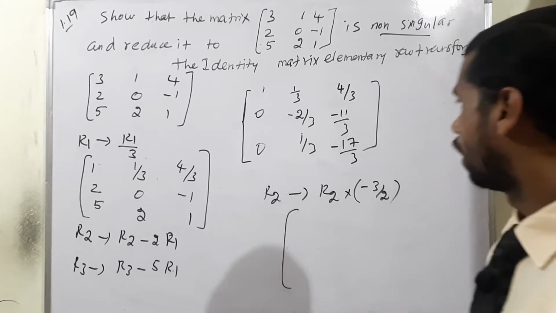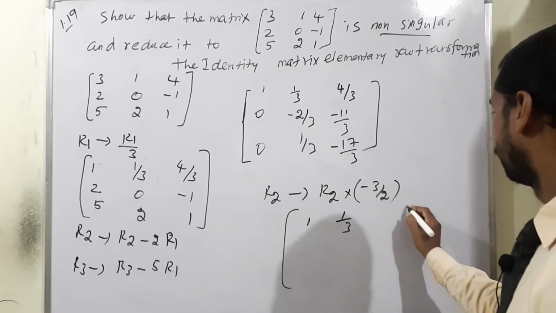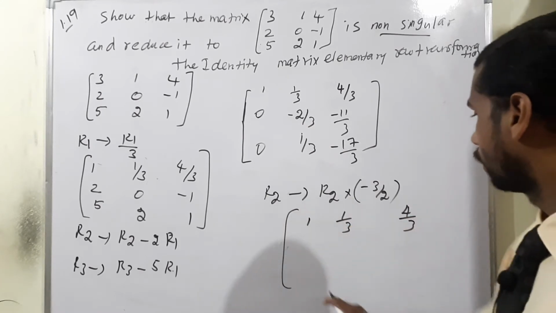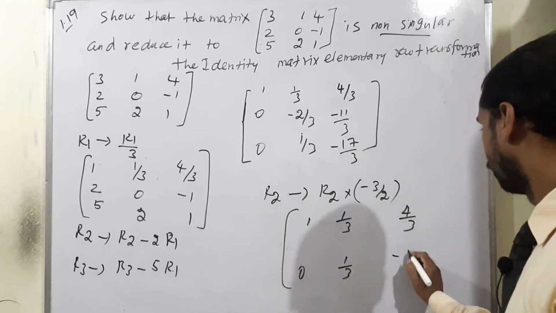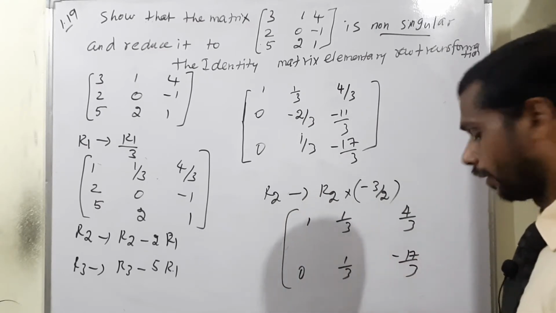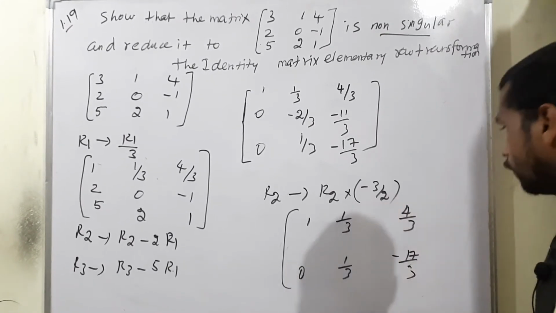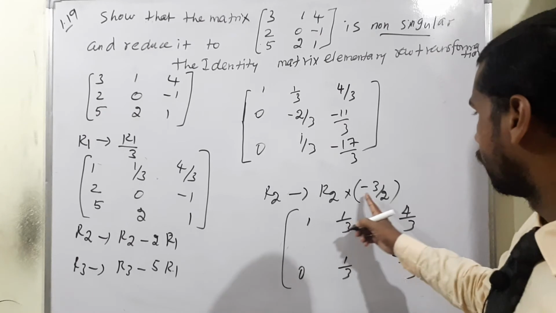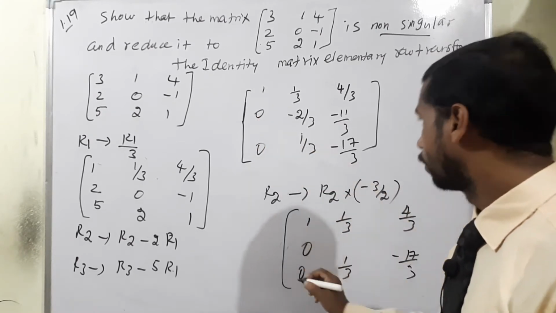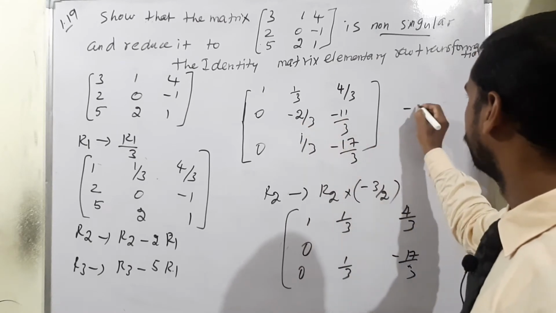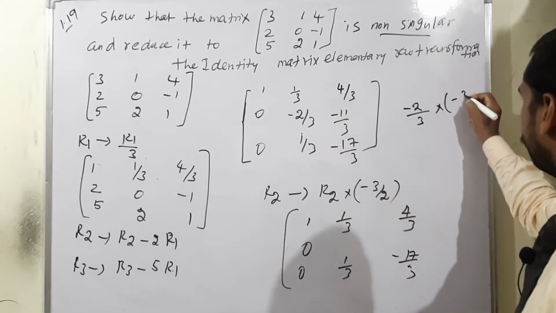Listen, R1 and R3 as it is, so 1, then 1 by 3, then 4 by 3. R3 also as it is, 0, 1 by 3, minus 17 by 3. R2 each and every time multiply by minus 3 by 2, isn't it? 0 into 3 by 2 means 0 will come. Next condition, R2 value minus 2 by 3 is there, into minus 3 by 2.